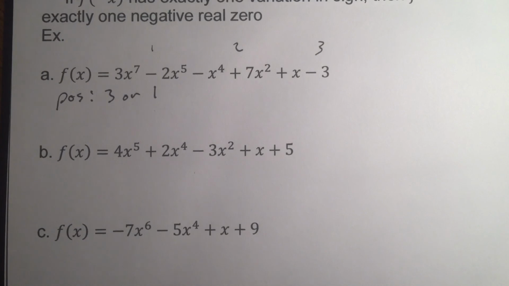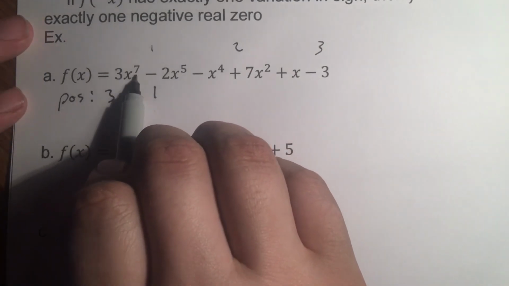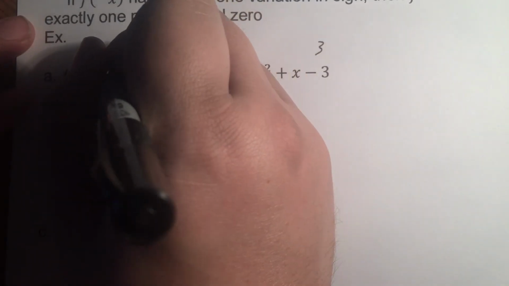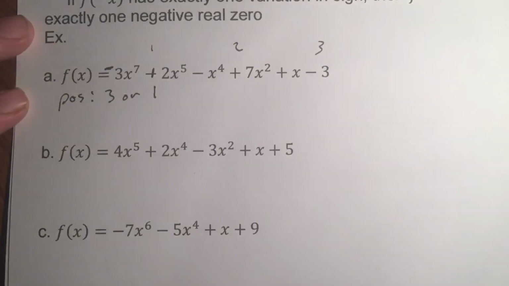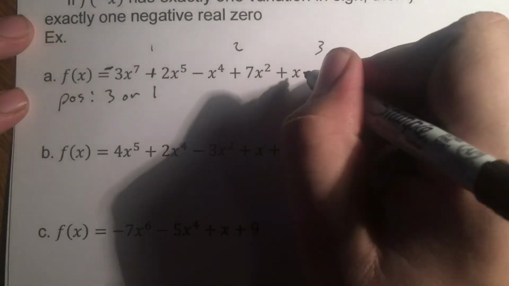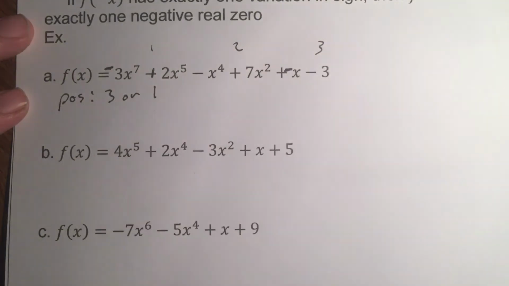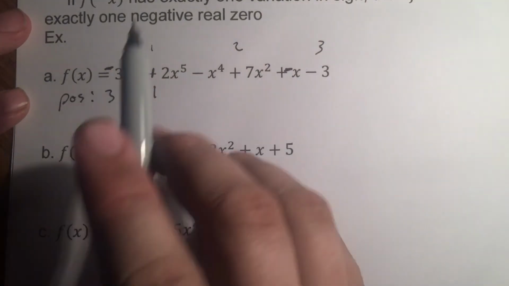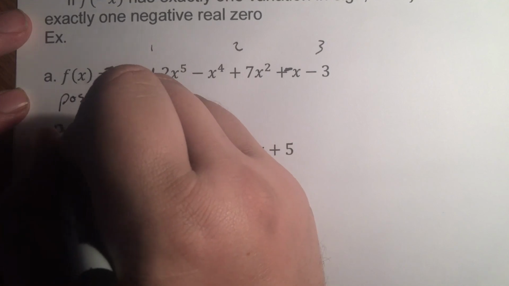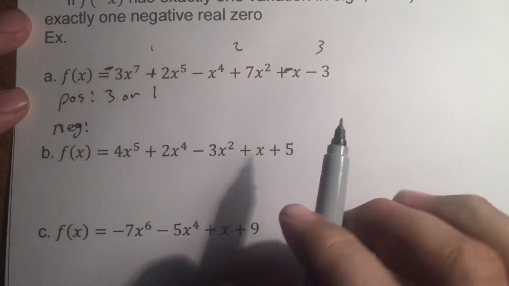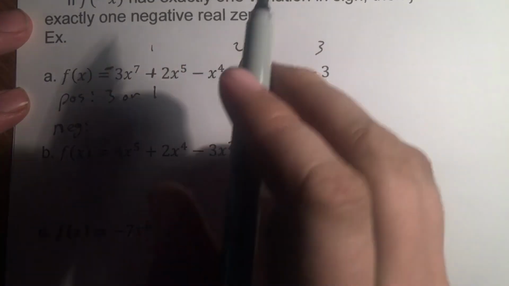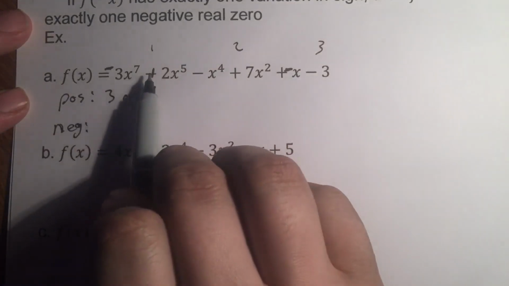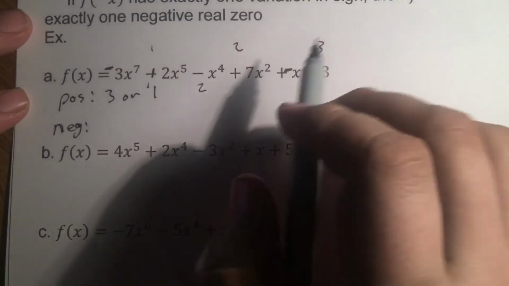Now, if we put a negative x in here, x to the 7th would change the sign and make this negative. Same thing, odd exponents will switch the sign, even exponents will stay the same. So, to get my negatives now, we're negative to positive, so that would be 1. Positive to negative would be 2.